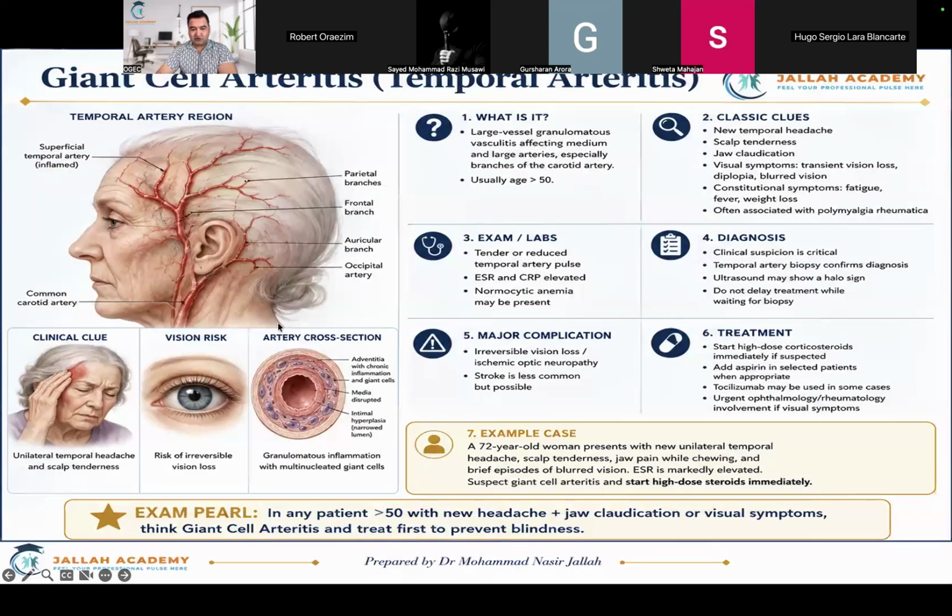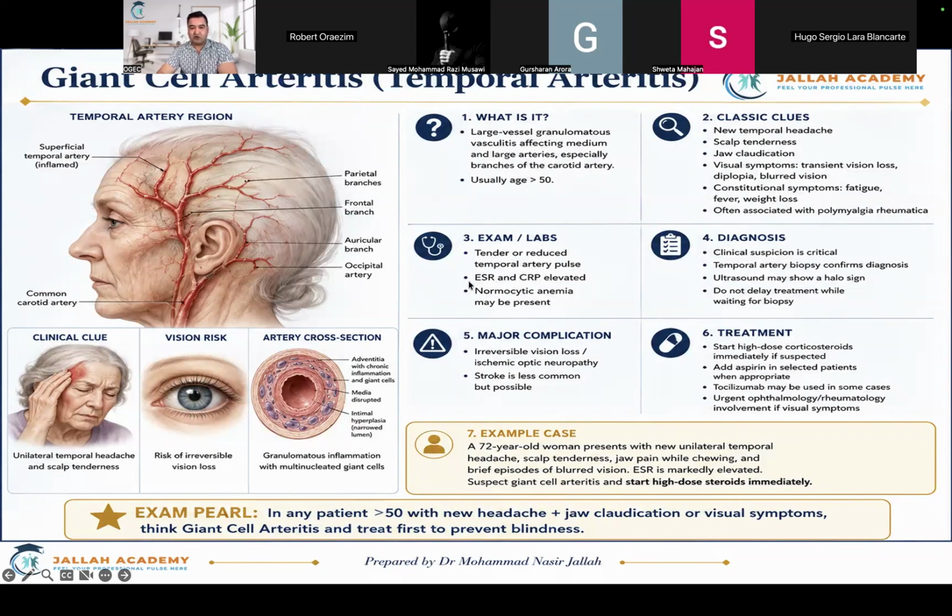So this is going to be a complete explanation of giant cell arthritis. What is giant cell arthritis? Large vessel granulomatous vasculitis affecting medium and large arteries, especially branches of the carotid artery, usually the age is more than 50.